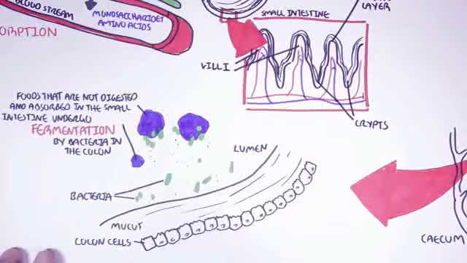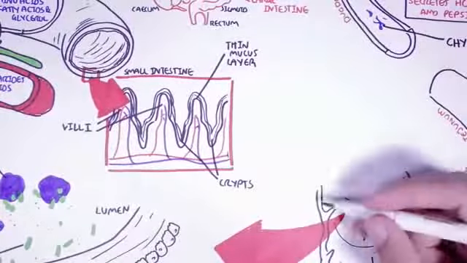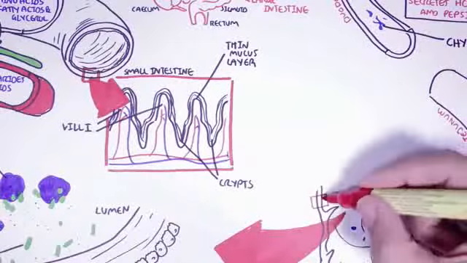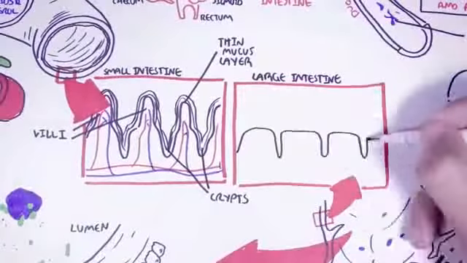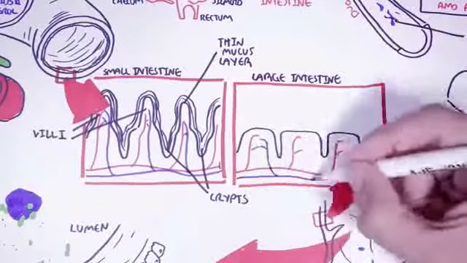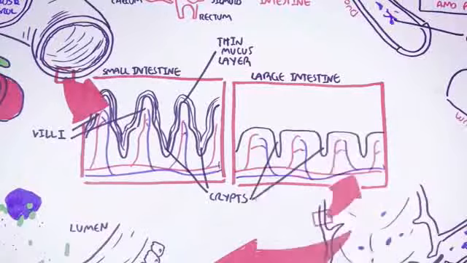Finally, it is important to compare the histology between the small intestine and the large intestine. So let's take a section of the large intestine. It also has a rich blood supply to the lining. The large intestine has crypts where stem cells keep dividing, renewing the cells above. However, the large intestine does not have villi.